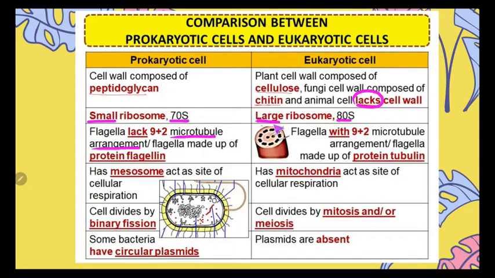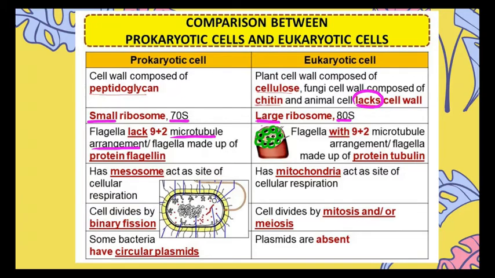So this diagram is a cross section of the flagella. So where is the 9 plus 2? Okay, 9 plus 2 microtubule arrangement is like this. So this one is the first microtubule arrangement. 1, 2, 3, 4, 5, 6, 7, 8, 9. Plus 2 is microtubule at the center, ada 2. So this arrangement only present in flagella of eukaryotic cell.